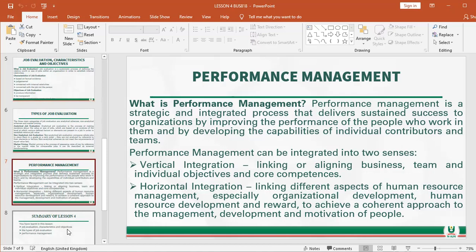Every organization, and I repeat, would always want to see the success of the employees, and also make sure that organizational goals and objectives are being met. Without performance management, obviously, all these cannot be achieved.